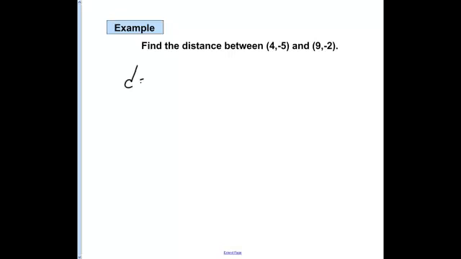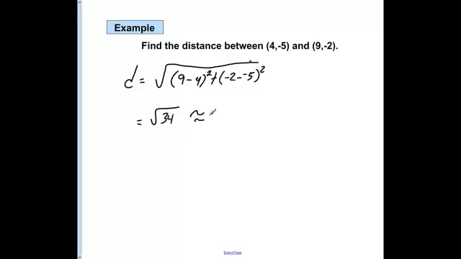We plug it into our distance formula, d is equal to the square root of x2 minus x1, squared, plus y2 minus y1, squared, and we end up with the square root of 34, or approximately 5.8, the distance of that particular line.